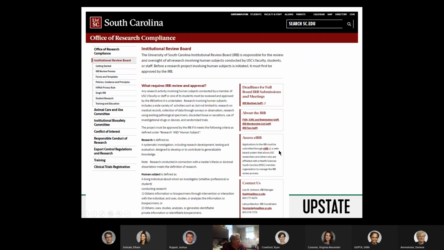And then this is the actual page on what requires IRB approval. This comes up quite a lot. People think stuff needs approval that doesn't. So it has to be both research and about human subjects in order for it to require IRB approval. So I just wanted to point out this page to folks as well so that they know they can check that.